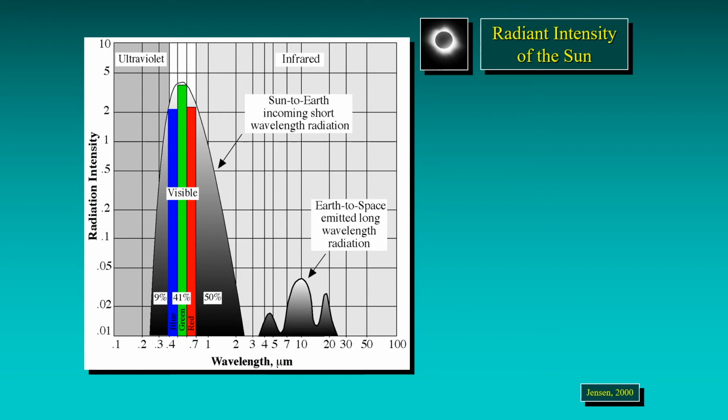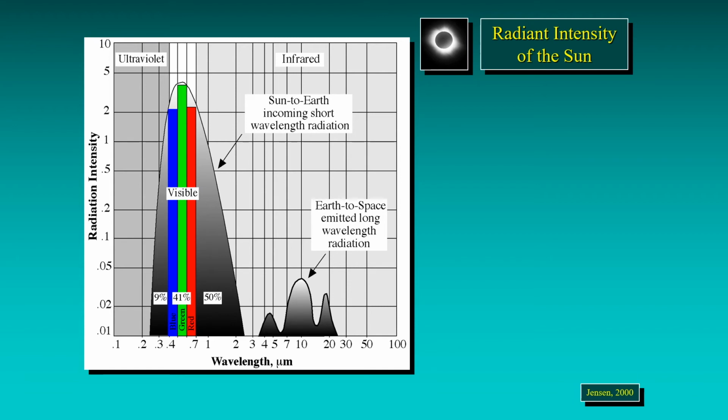And one of the big utilities of remote sensors, especially modern day ones, is that they can be made sensitive, and have been made sensitive, not only to the visible portion of the spectrum, but to many other portions of the electromagnetic spectrum. Those non-visible portions of the spectrum contain unique information about Earth surface and atmospheric materials compared to what we see in the visible portion of the spectrum.